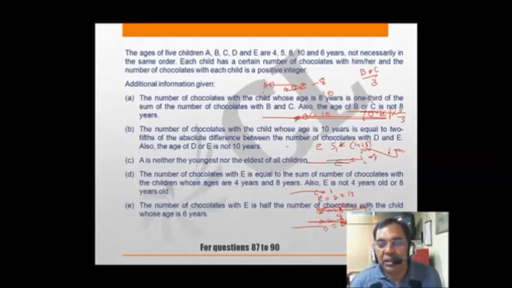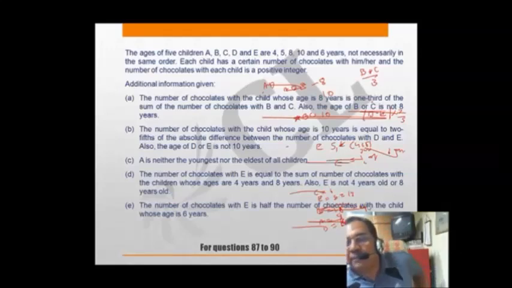So D minus E, supposedly, that is coming as 10, and E is double the D. So E is supposedly 4.